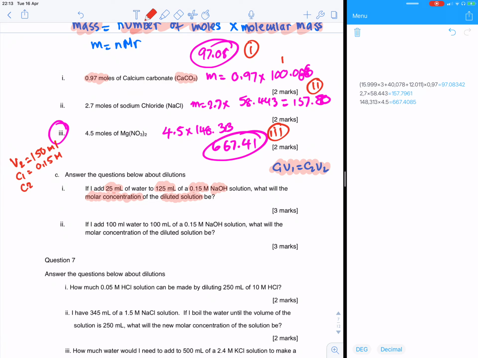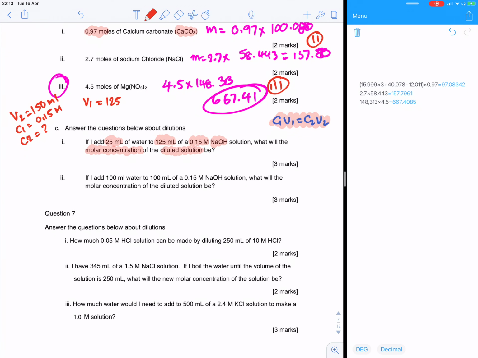You want C2, which you don't know, but you also know that V1, which you started off with, is 125, because you added 25 to make it 150. In fact, you want C2 to be the subject. So C2 is going to be C1 times V1 over V2.